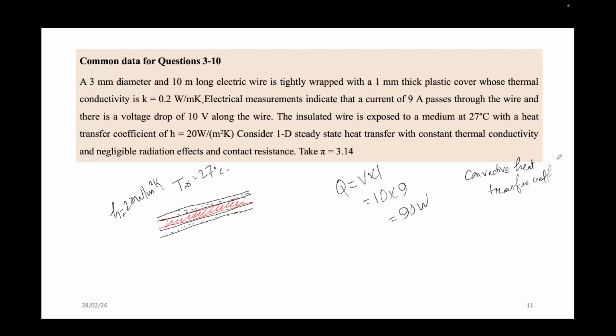Sorry, resistance, not coefficient. It is resistance. I am giving you the resistance, R convection, which is 1 by hA.